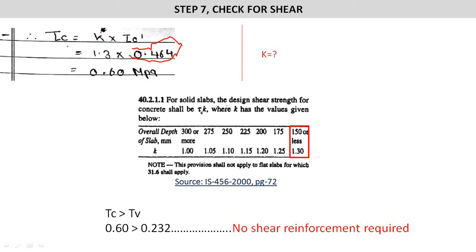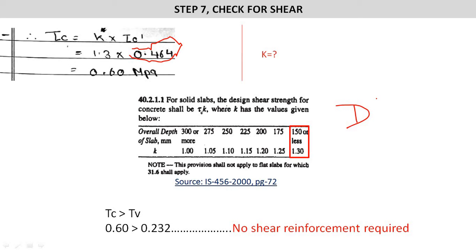Now the value of k will depend upon the overall depth, capital D, of the slab. So move on to page number 72 of the IS 456-2000, where clause number 40.2.1.1 says that the design shear strength for concrete shall be tau c dash into k, where k will depend on the depth of the slab.